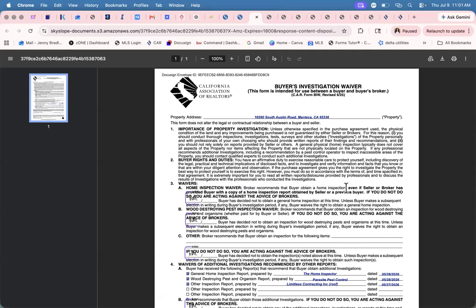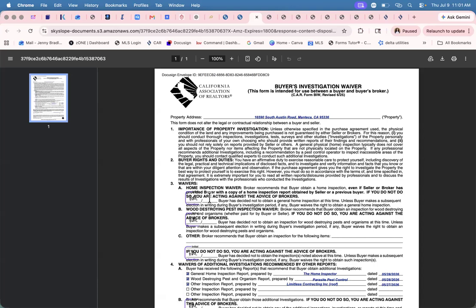If they decide not to, that's their decision. So even if the seller or broker has provided buyer with a copy of a home inspection report obtained by the seller or a previous buyer, if you do not do so, you are acting against the advice of the broker.